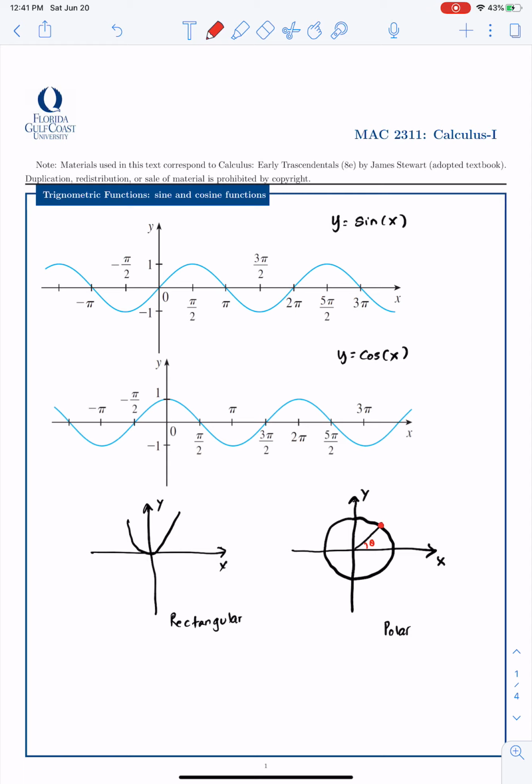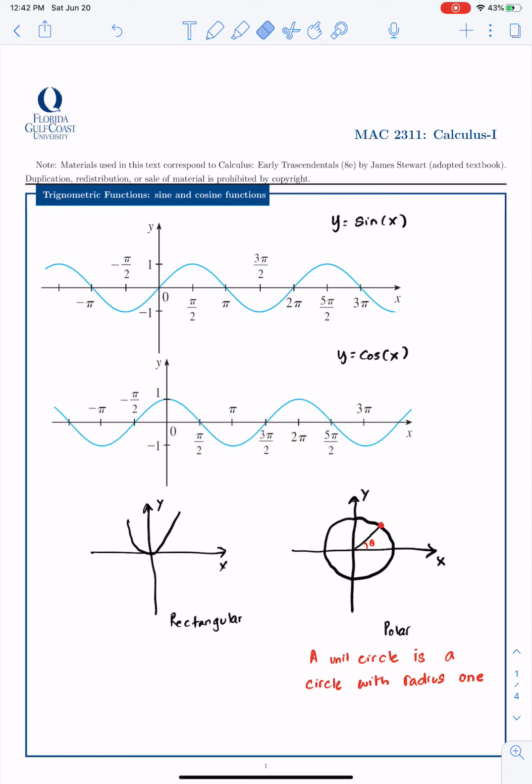First off, what do I mean by a unit circle? A unit circle is simply a circle with radius 1. So how do we come up with these 2 points, that particular coordinate in red in the polar system? What we can do is make use of the Pythagorean theorem.